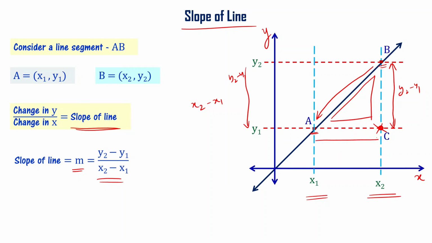A నుంచి C కున్న డిస్టెన్స్ ఎంత? దట్ ఈస్ x2 minus x1, రైట్? Now y2 minus y1 place లో I can write BC and x2 minus x1 place లో I can write AC, right? Slope of the line is equal to BC by AC or delta y divided by delta x, right?